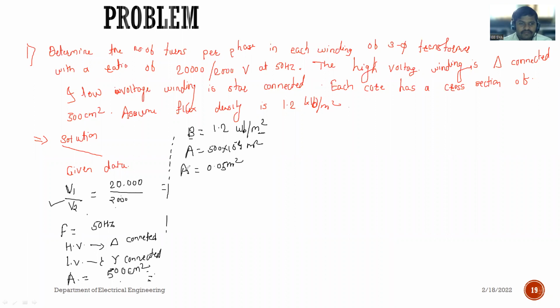Which one? According to given data. Given data वरून काय लक्षात येते का? बघा, फ्लक्स डेन्सिटी दिलेले आहे, क्रॉस सेक्शनल एरिया इज ऑल्सो गिवन, frequency is given, and voltage is given. Which formula is useful?